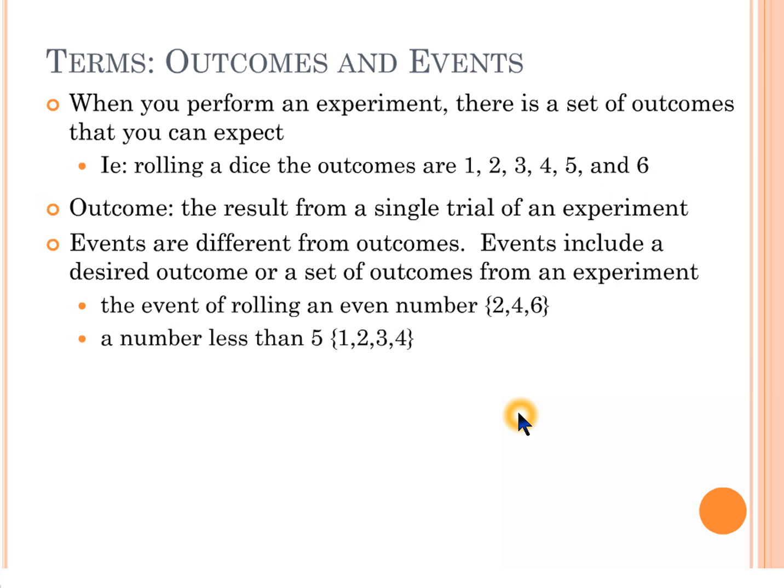So the numbers that are less than 5 are 1, 2, 3, 4. Or I could look for a prime number. So from these 6 outcomes here, the prime numbers are 2, 3, and 5. Or I'm looking for a situation where I'm rolling a 4. So these are all examples of events.